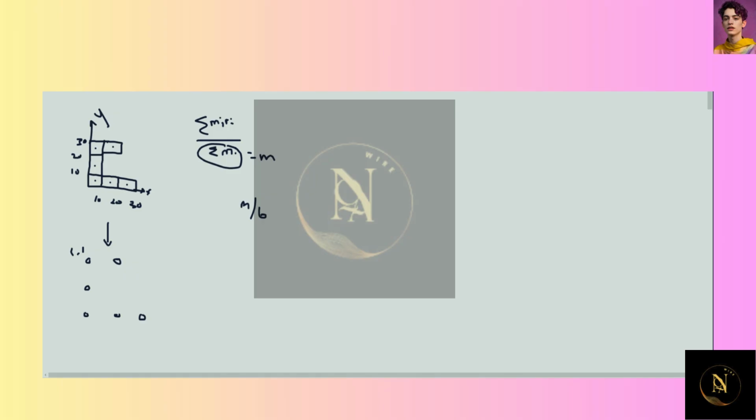So let's start with this one mass here, for example. The expression for this mass is going to be m over 6 times the distance in the x direction. I'm starting with the x here, so that's 5x, so that's going to be times 5.